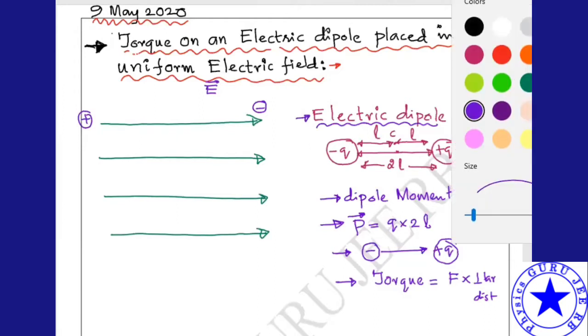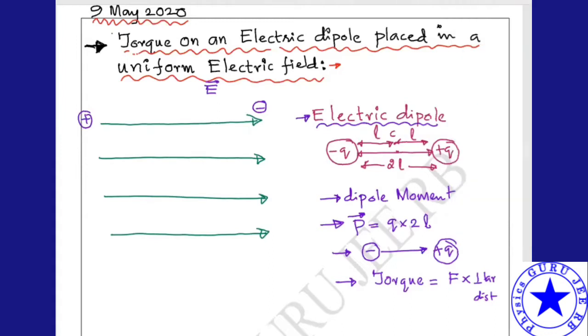Now let me consider one electric dipole here. How am I going to place it? You can see carefully. This is the electric dipole I placed, which is making a certain angle theta. Here is plus q and here is minus q. Now I placed the electric dipole in the uniform electric field.